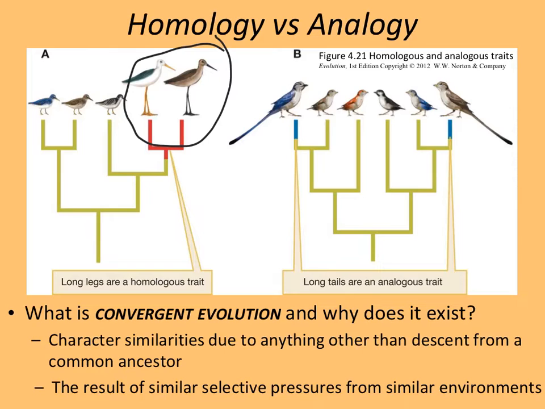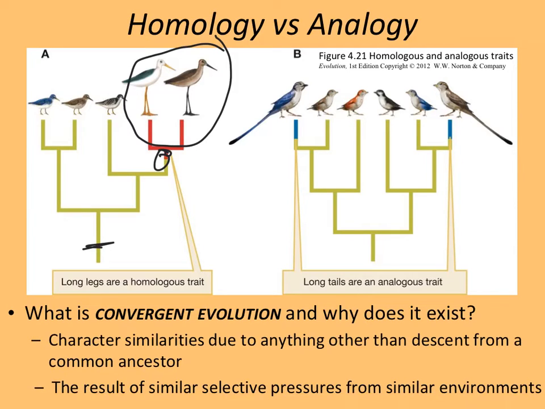The ancestor was right here, the common ancestor, and before that, these were all short-legged birds, but right here we had a new evolutionary form, a new taxa, that then subsequently split into two different species, but they both inherited from their common ancestor long legs. In other words, long legs actually reveal ancestral descendant relationships.